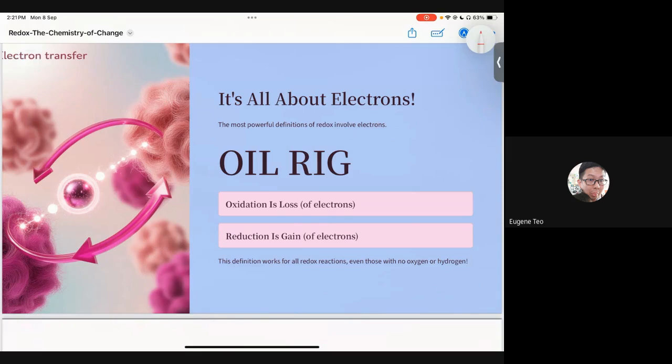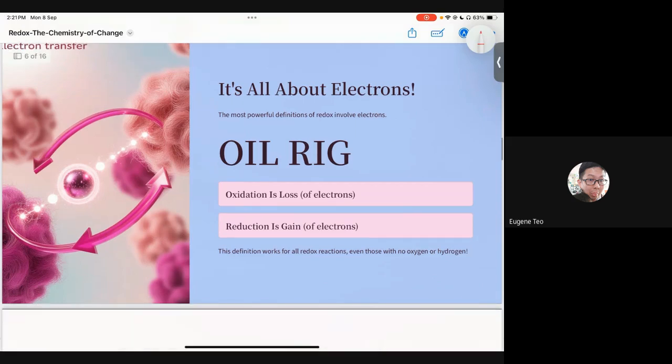For electrons, the acronym they use is OIL RIG. So oxidation is loss of electrons, OIL. RIG, reduction is gain of electrons. Okay, in terms of electrons, oxidation is loss of electrons. Reduction is gain of electrons.